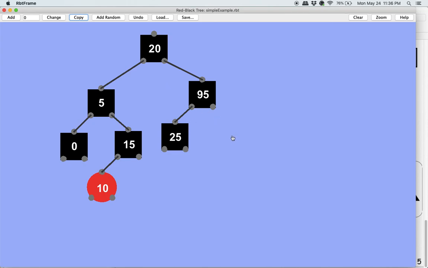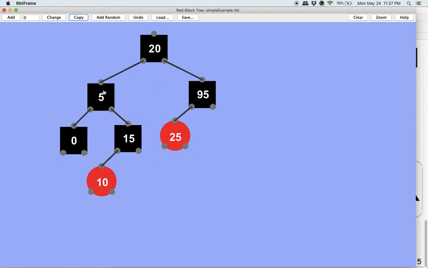In this case, I have the shortness coming up here. No reds anywhere in sight. That's transformation number 5. This guy turns red. Shortness now propagates up to here. Black, black, black, black. All four of these guys are black. Transformation number 5 again.